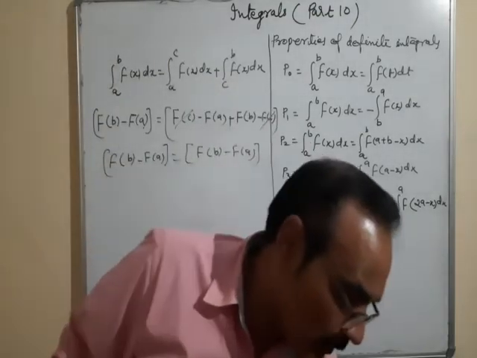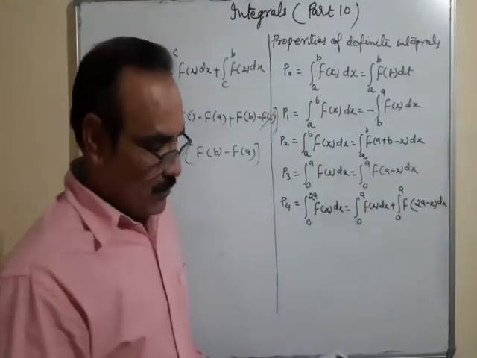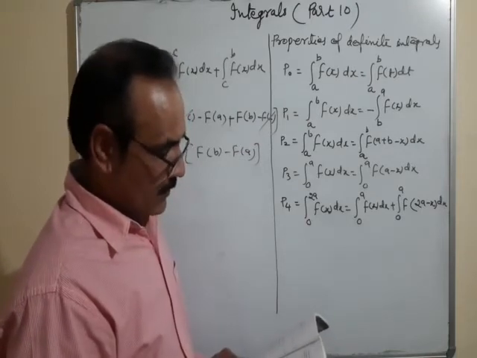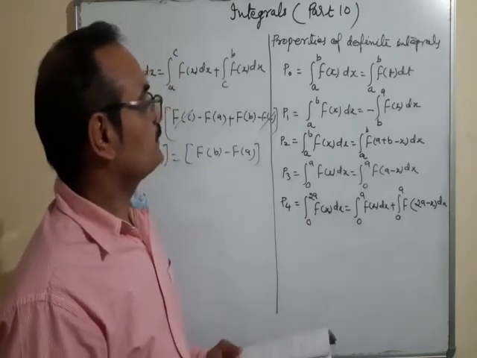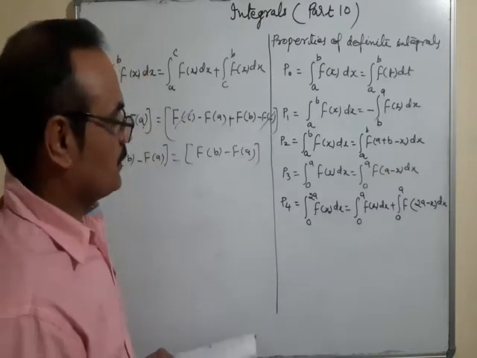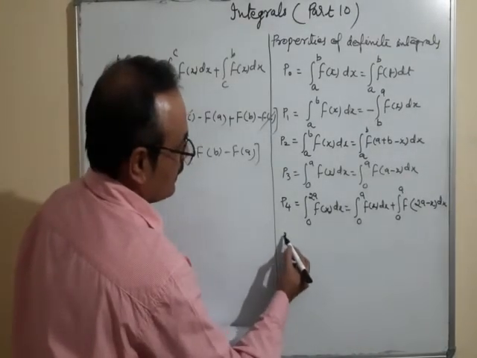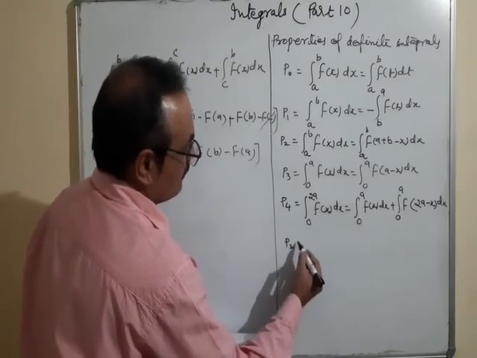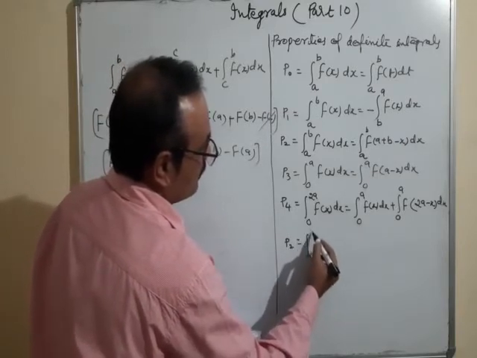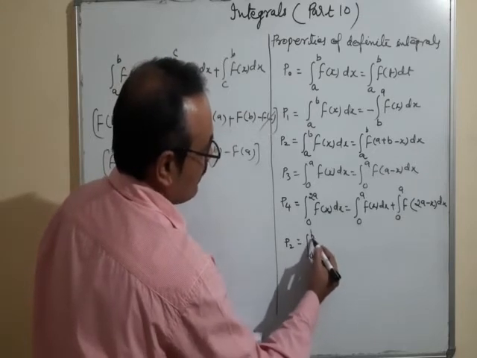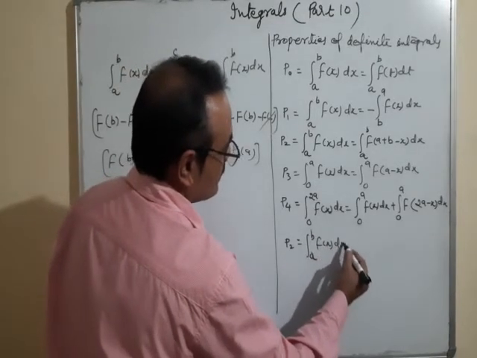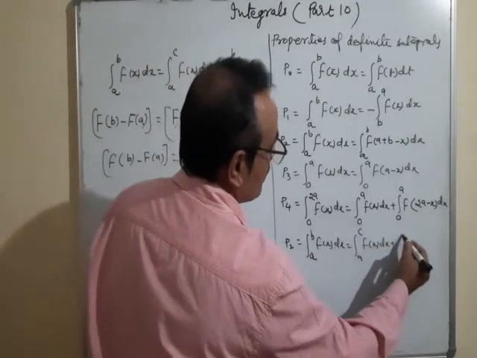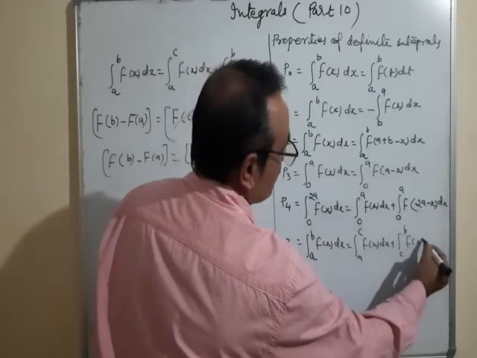What is the name of this property? It is P0 or P1, like P0, P1, P2. This is property number P2. So I can write here P2: integral a to b f of x dx is equal to integral a to c f of x dx plus integral c to b f of x dx.